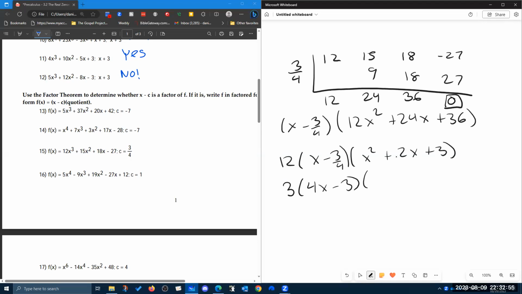And then if I wanted to factor this completely, that's an x plus 1. Nope, that's not going to factor anymore. This is an x squared plus 2x plus 3. There are no factors of 3 that add up to be 2. So there it is. This would be an acceptable answer, but this is completely factored.